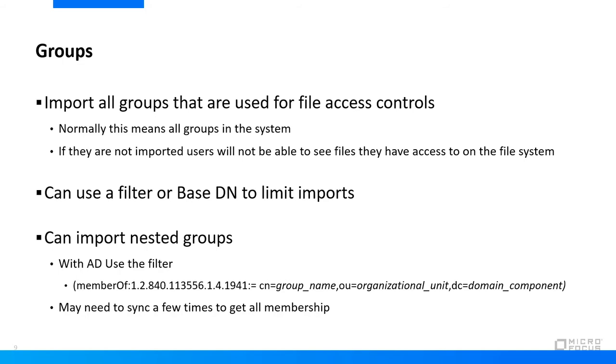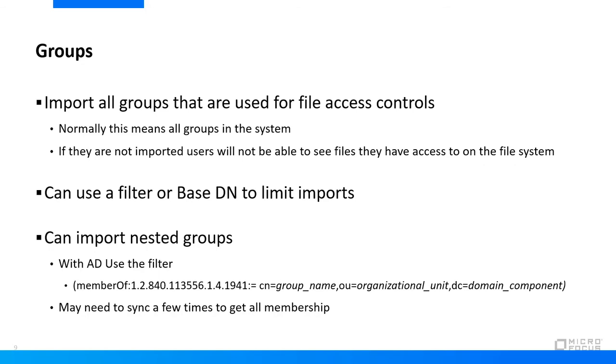And this is one of the main things that we have people, when they're setting up Filr, say that my users can log in as normal onto the Windows server and they can see this file or this directory structure. Within Filr they can't see it, and it's because they haven't imported the groups that were used to give the file access controls.